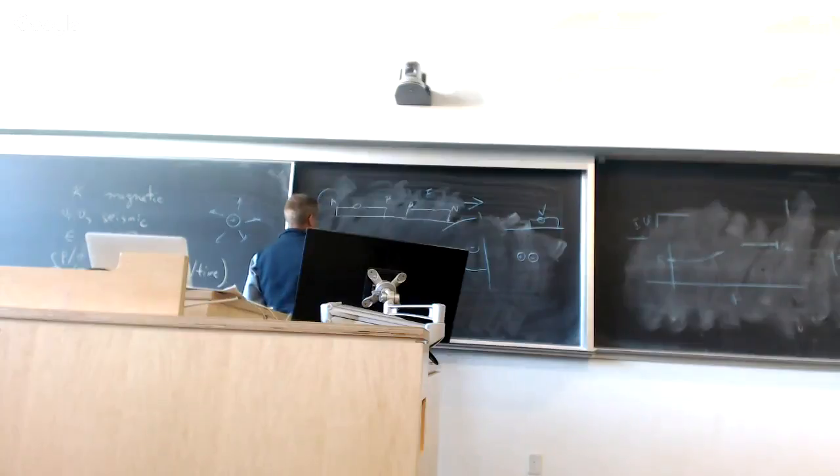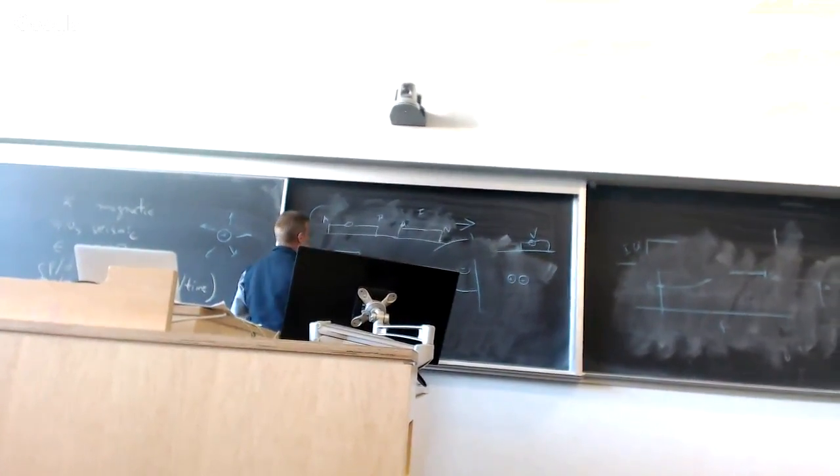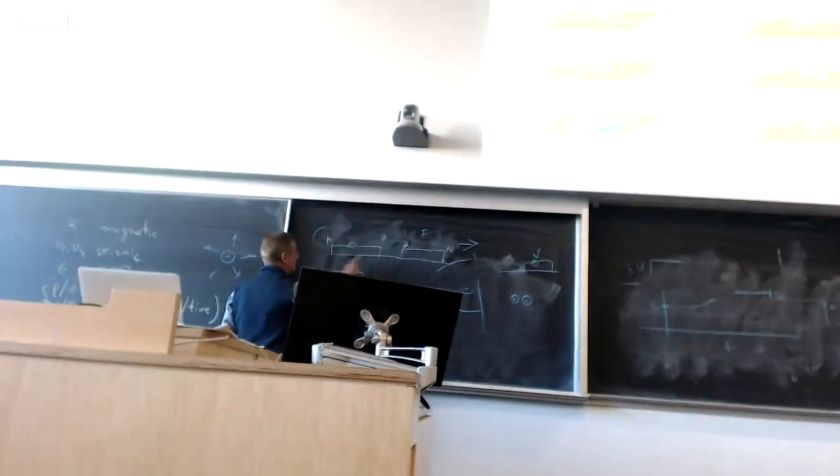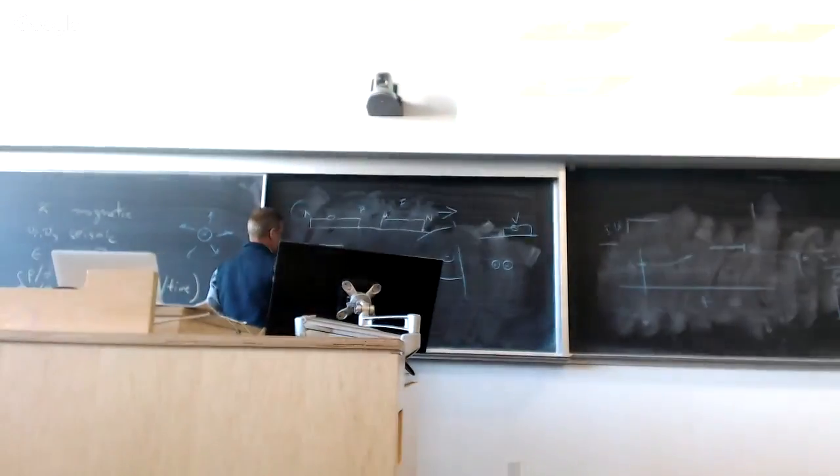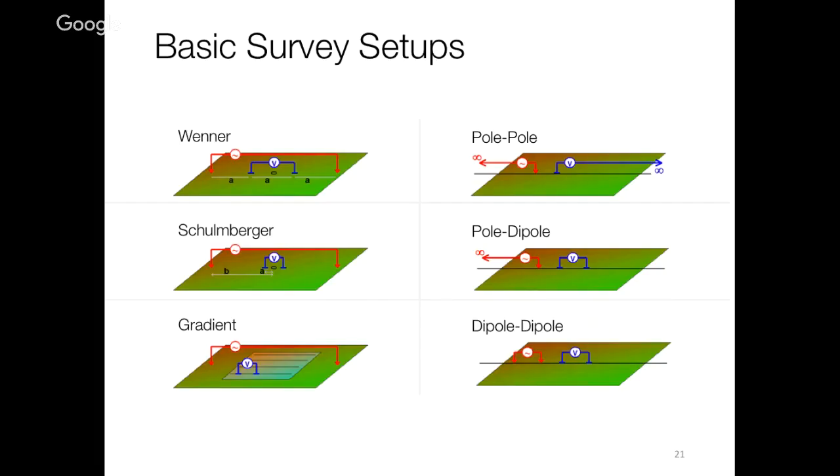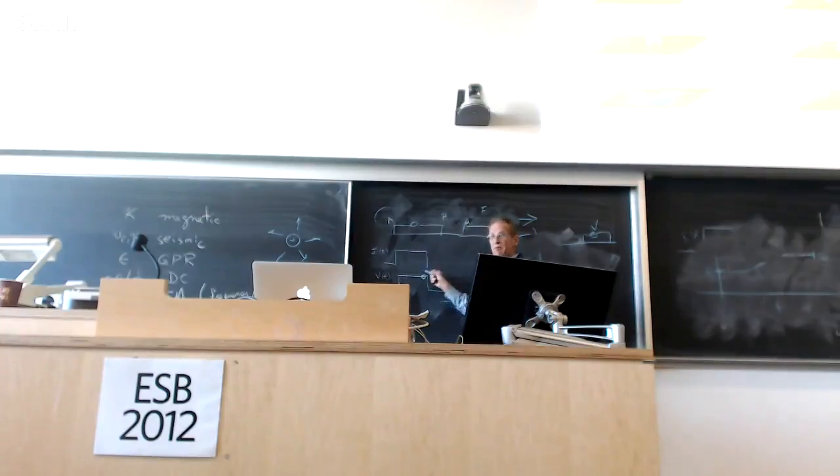If we turn the current on, that looks like this, and then turn it off, so this is T, then the voltage that we measure looks like this, and this is the data that we would obtain and put into our formula to calculate the apparent resistivity.